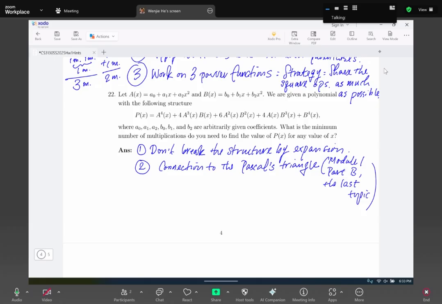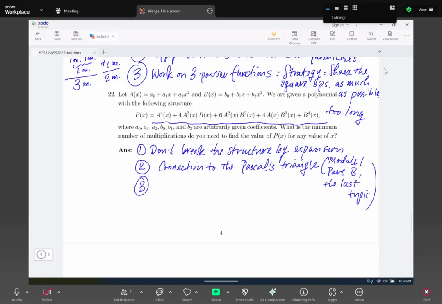After that, you can make your polynomial with a more compact structure, because this expression is still too long, right? You want to make it more compact.